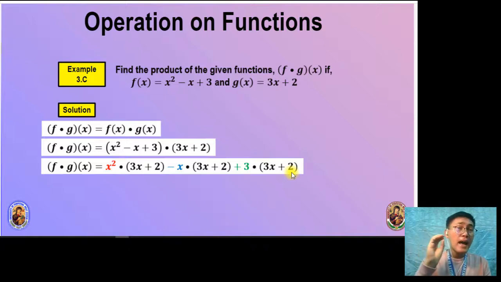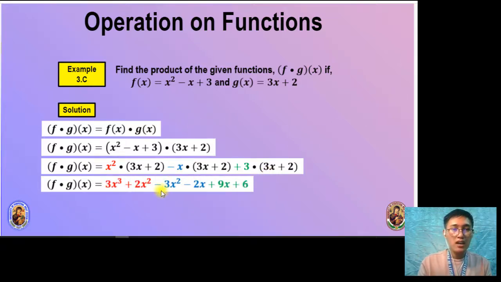After that, again apply the distributive property of multiplication inside the binomial terms. That would be x squared times to this part, negative x times to this part, and positive 3 times in this part. So what we will have here, we will have x squared times 3x, that would be 3x cubed. Why 3x cubed?